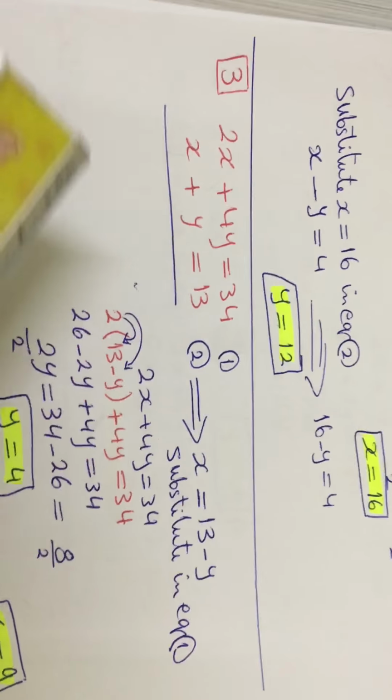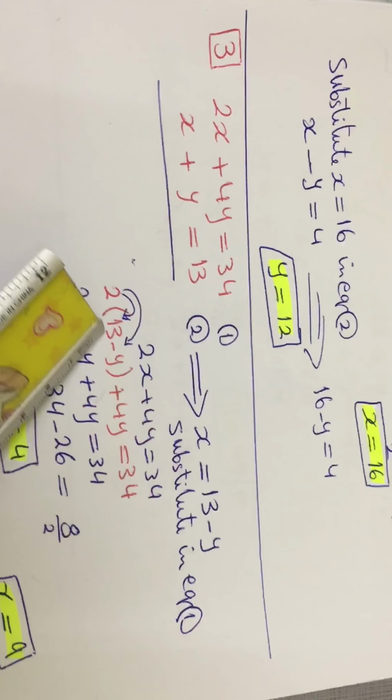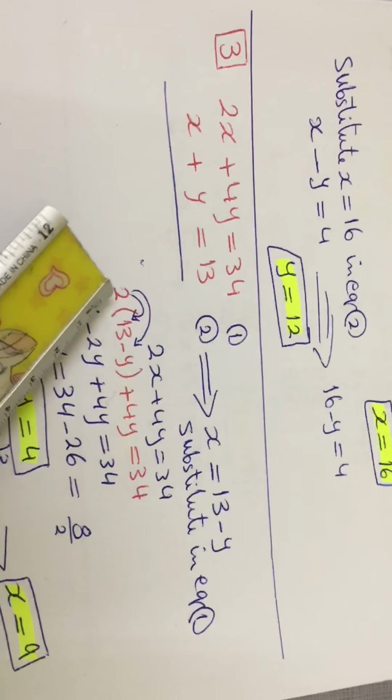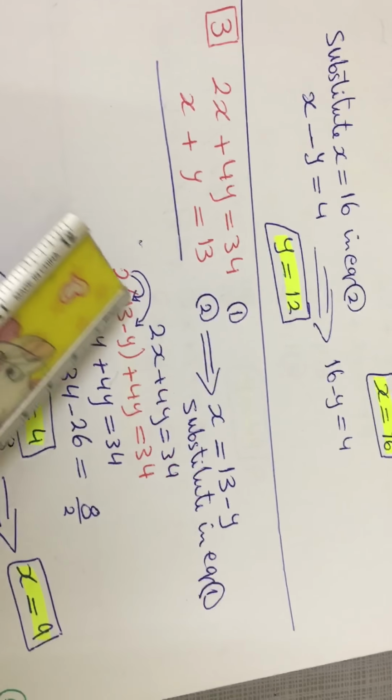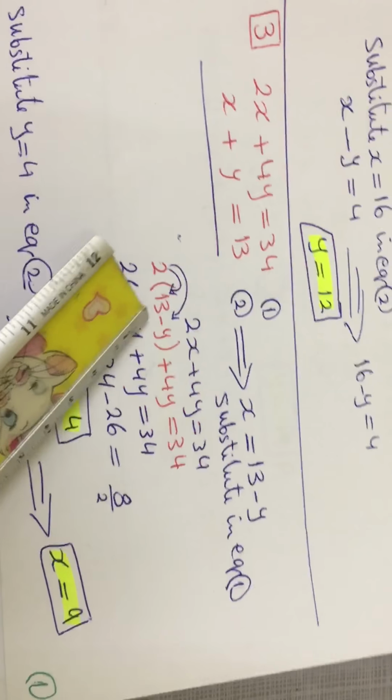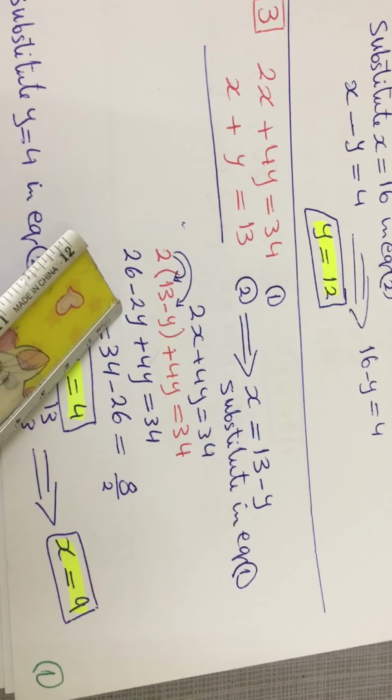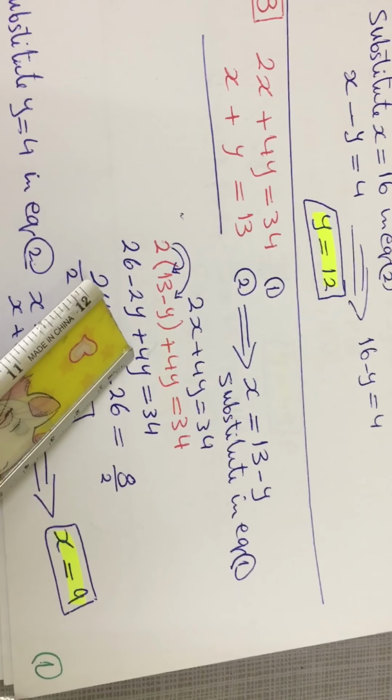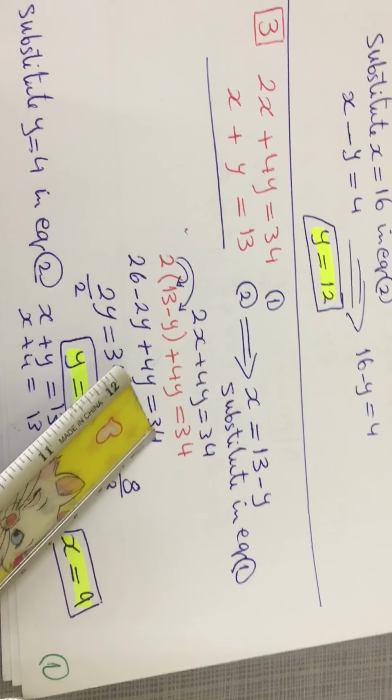Now I have all the variable y. I'll distribute 2 by the brackets, so 2 times 13 equals 26, 2 times negative y equals negative 2y, plus 4y already found in the equation equals 34.